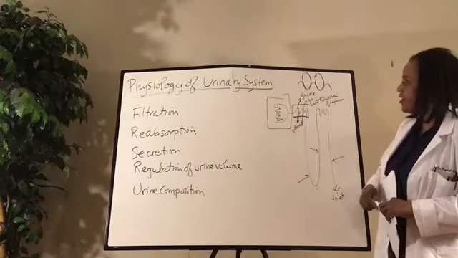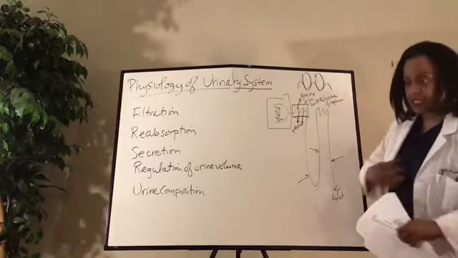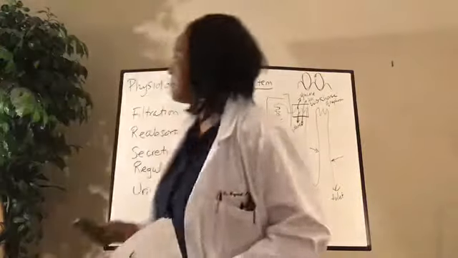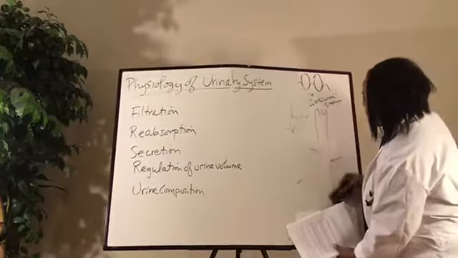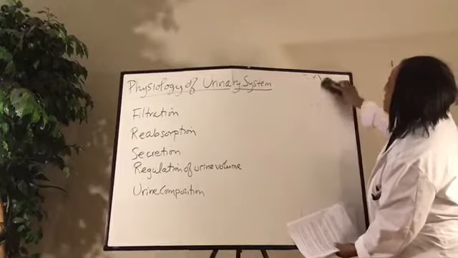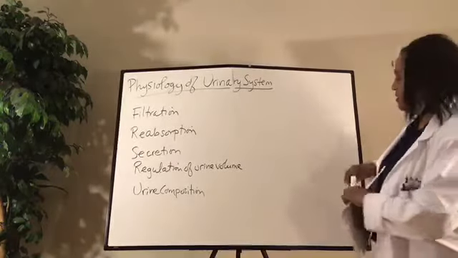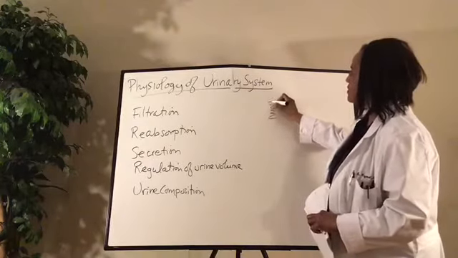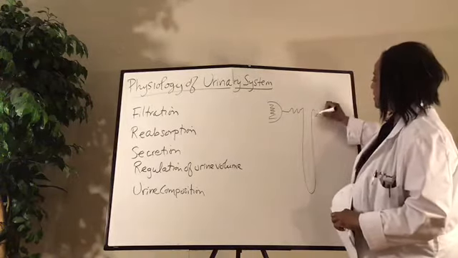So here, I want to go over what direction things are going. Let me start this over a little bit. I want to make sure you understand secretion and reabsorption, the direction of those things. So I'm just going to draw the glomerulus, Bowman's capsule, this, that.